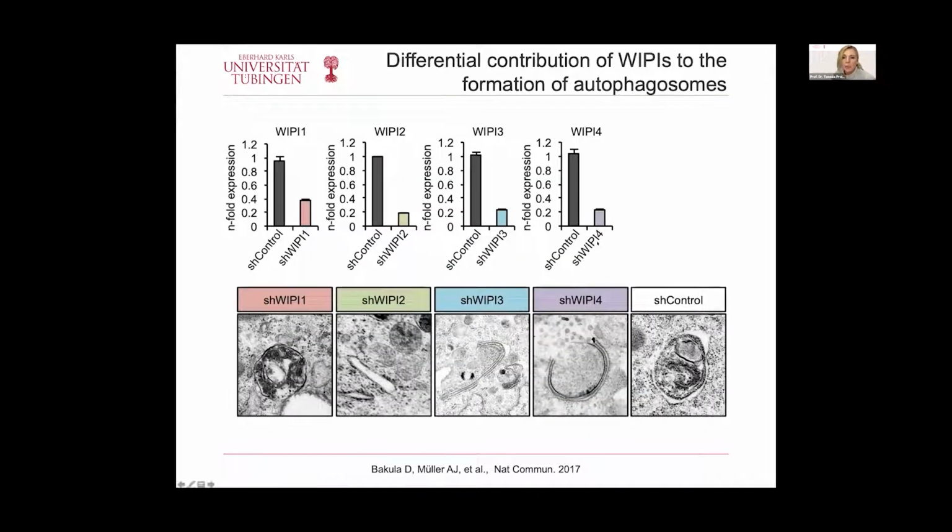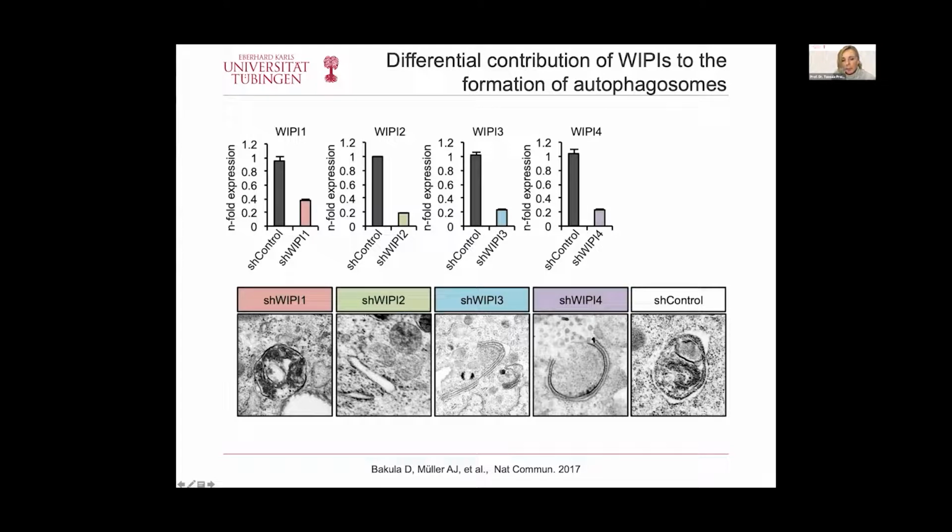And we went on to address whether or not they're redundant or different in their function in autophagy, and first downregulated them in cell lines that express similar levels of all 4 of them. And what you can see here is the control autophagosome, a double-membraned vesicle. In the absence of WIPI4, we see reduced numbers, but they can still form.